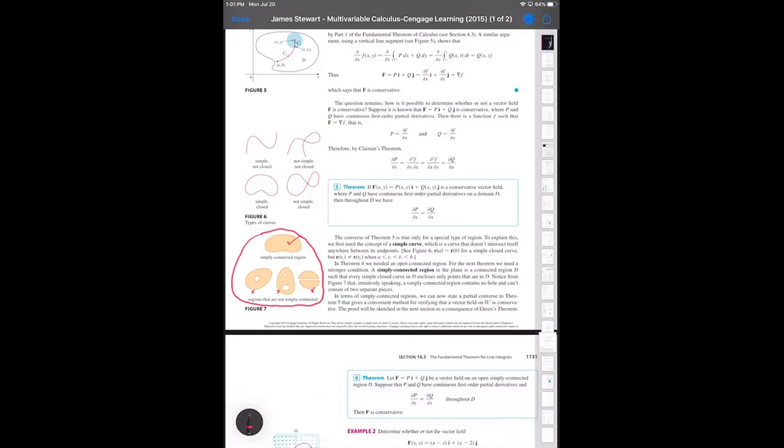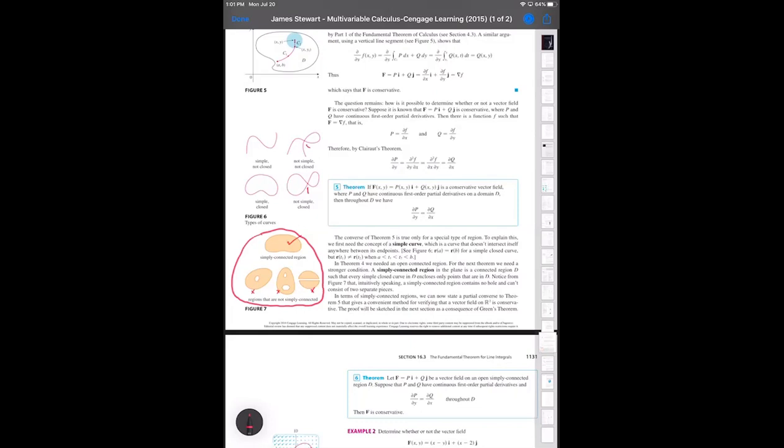And in terms of simple curves, we'll also need those. The terminology is also easy. A simple curve means that the only time the curve will cross itself is at the end points.